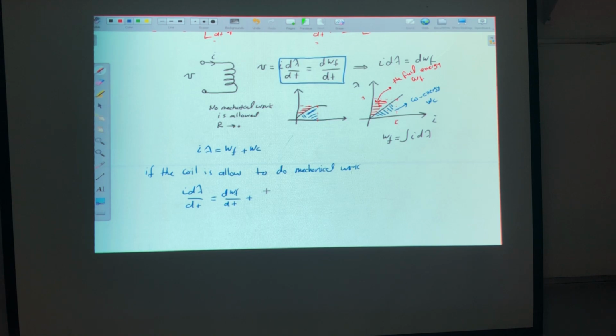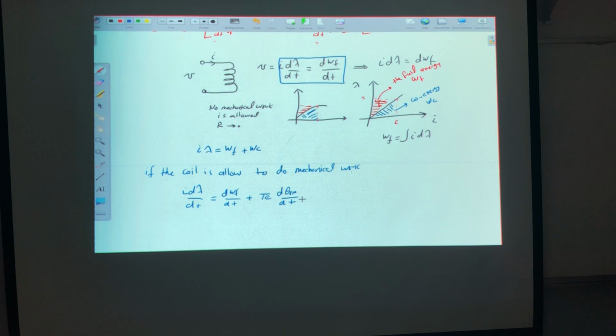Now the mechanical power is the force. For you, I will discuss the torque directly. In the linear system I will generate force, and in rotation I will generate torque. So the mechanical power will be the torque multiplied by omega, so it will be Te d theta Rm by dt.